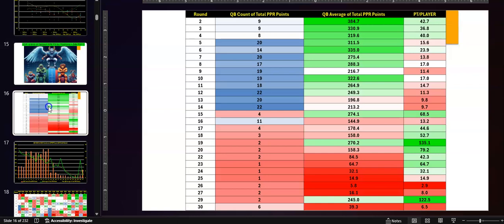I've collected that, and I show you from the 9 years, 2015 to 23, the number of quarterbacks that have been drafted in round 2, 3, 4, etc. You can see that rounds 2, 3, and 4, it's been 9, 9, and 8. And notice round 5 to about 14, you get a boatload drafted.